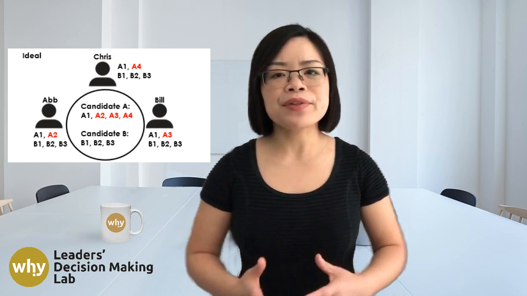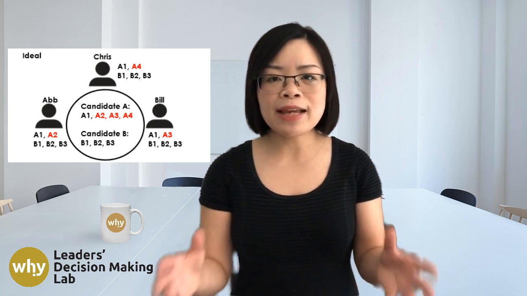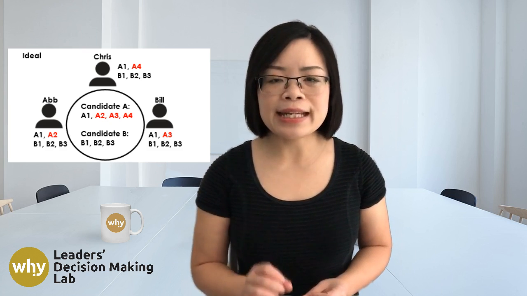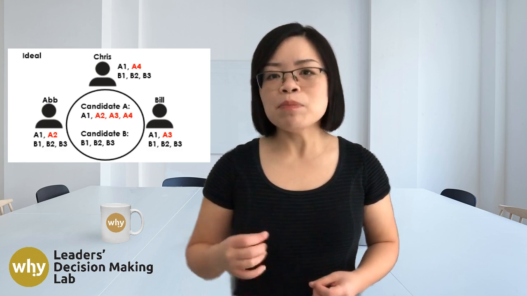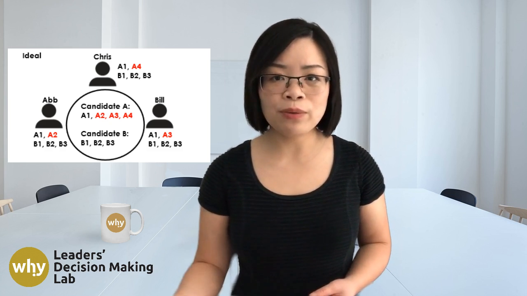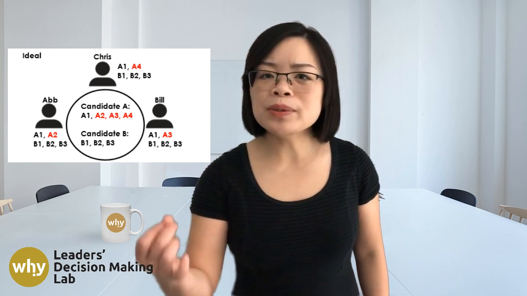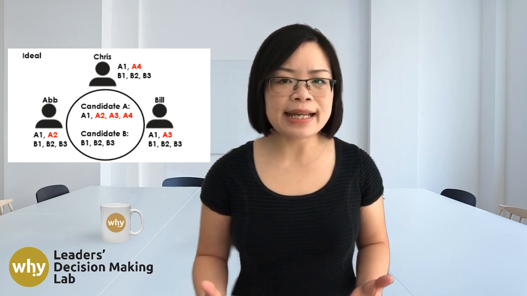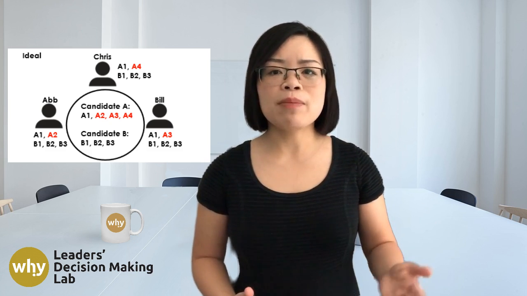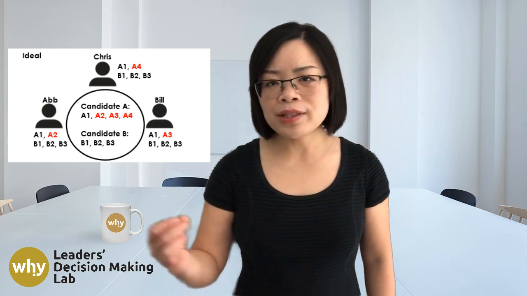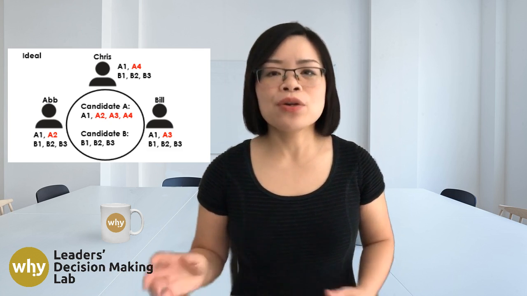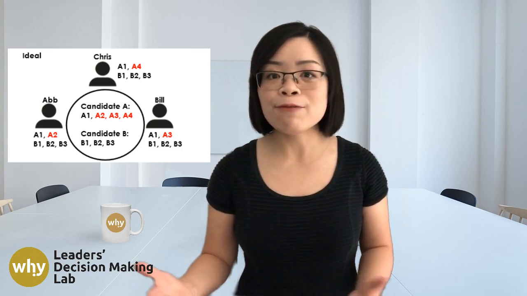All 3 members have access to shared information favoring candidate B, referred to as B1, B2, and B3. Simultaneously, each member holds unique information about candidate A. Abby knows about A2. Bill is aware of A3. Chris has details about A4.